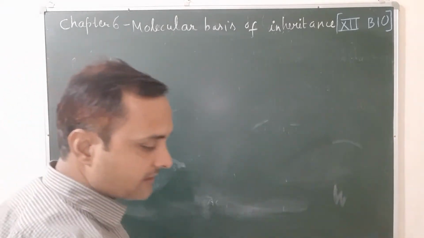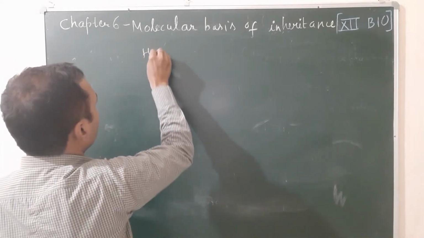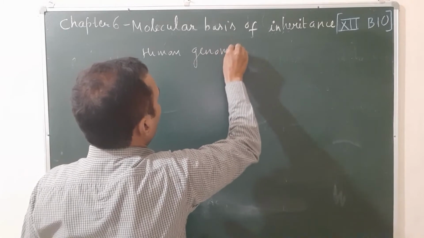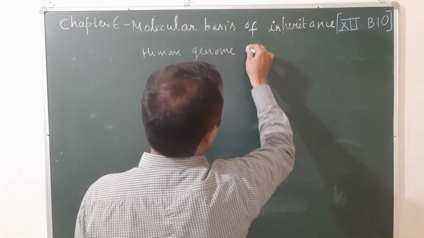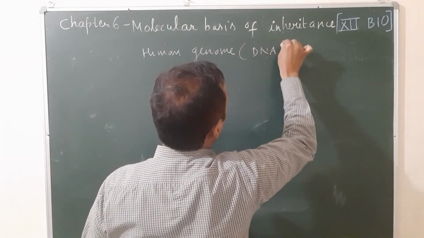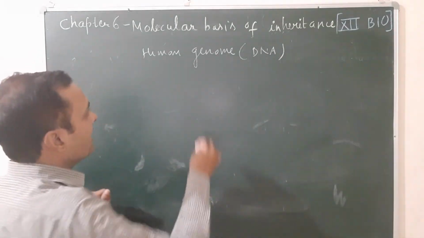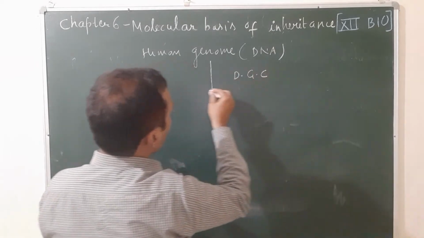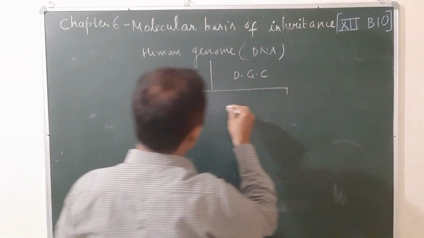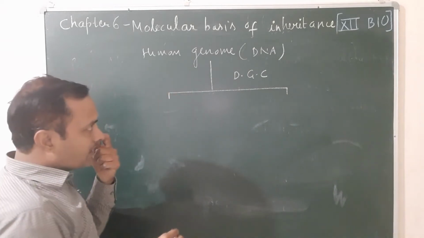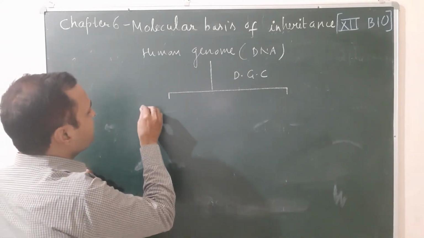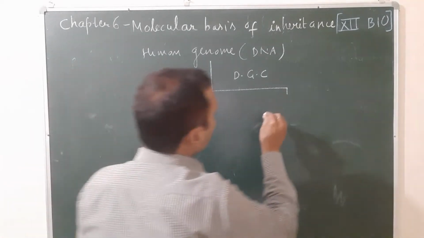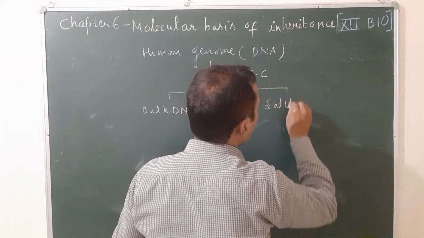Scientists found that the complete human genome is divided into two components. The first is known as the bulk DNA, and the second one is known as the satellite DNA.